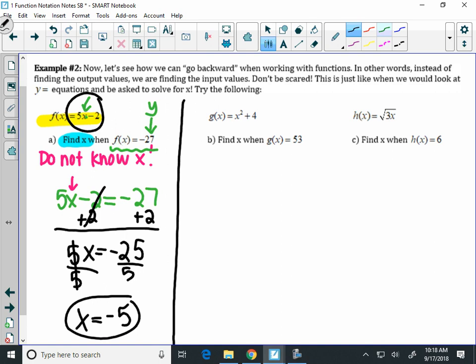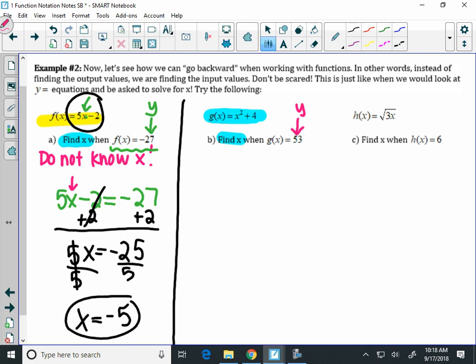Same idea for g. We have the function g of x is x squared plus 4. And the directions say find x when g of x is 53. Remember, when we're not in the parentheses, when we're just set equal, that is a y value.